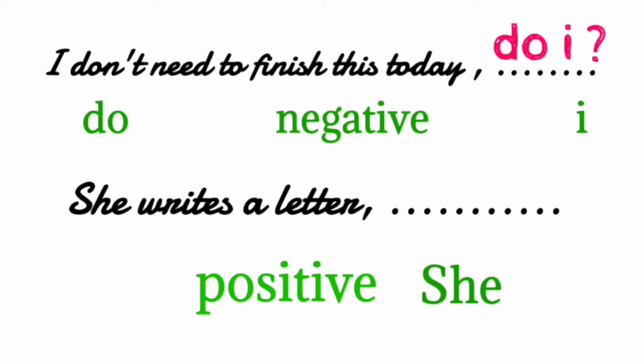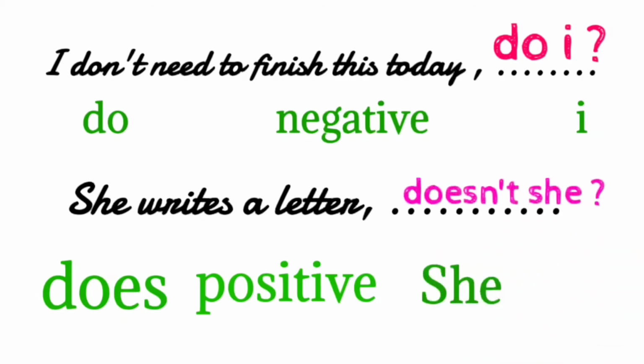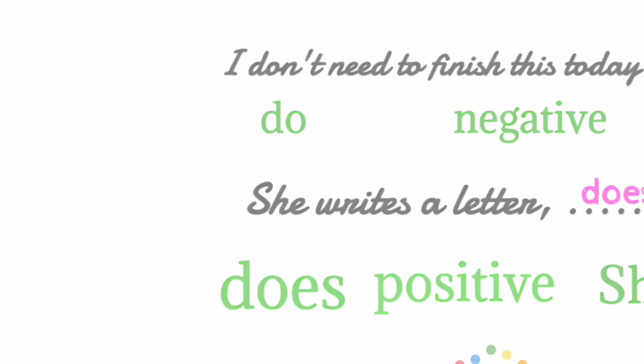Writes is the S form of the verb, or it is in simple present form. So we can divide writes as does plus write. Here does is the default auxiliary verb. It is a positive sentence, so we will write doesn't. And the subject is she. So the answer will be: she writes a letter, doesn't she?